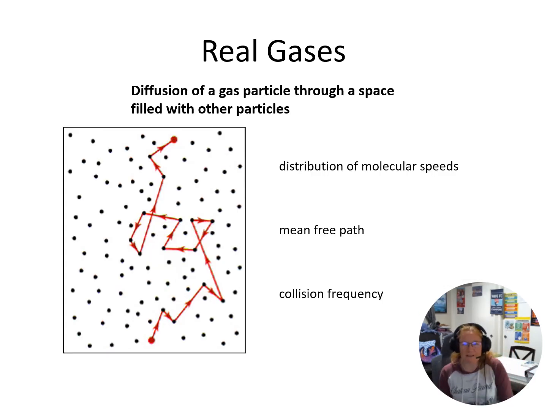When I look at a real gas and I'm thinking about that diffusion, well, it's not necessarily just a straight line through, right? If this is my original gas particle here, well, as it's trying to effuse, it's bumping into a whole lot of other stuff on its path. So that can also affect its ability to move through.